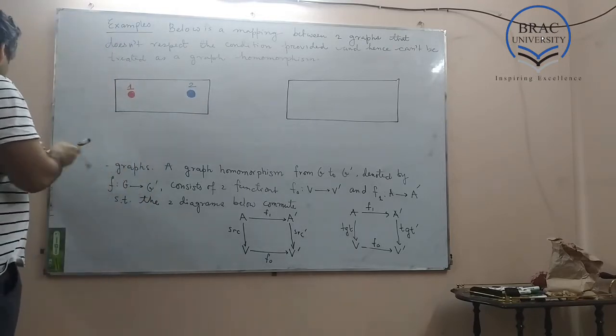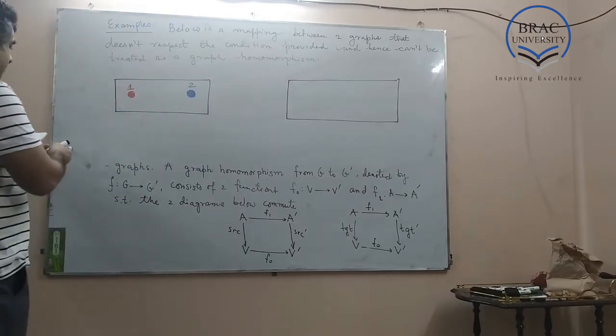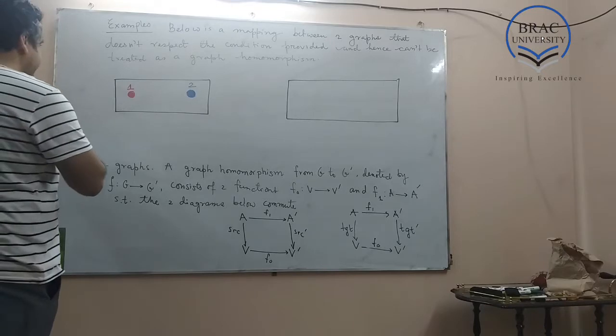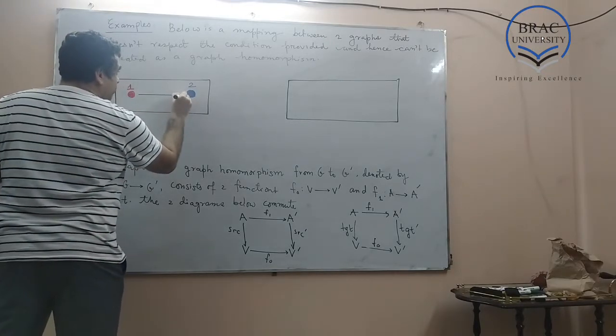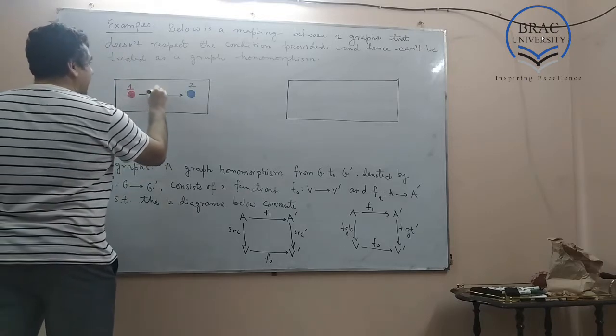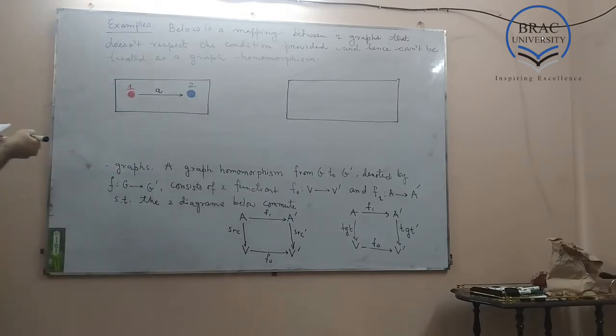And there is an arrow between them that we draw in black color, and which we label by A. So this is the first graph.